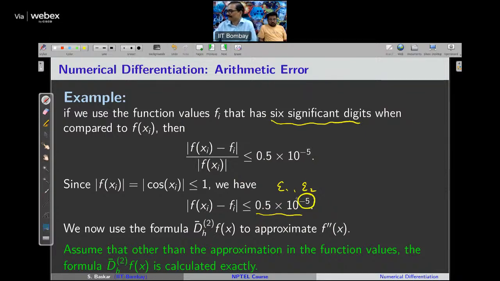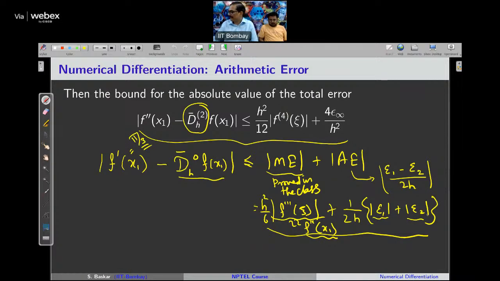Similarly, you can see what this number comes to if it is 7 or 8. You know the definition of significant digit that we defined in our course, so refer to that definition. Accordingly, you will get some number here, and finally that number will be your epsilons.